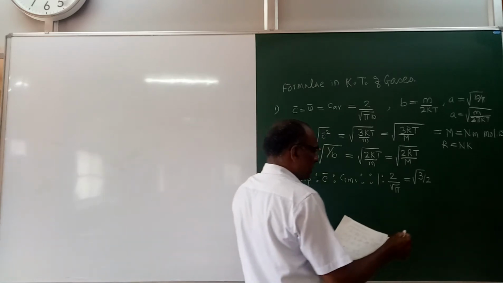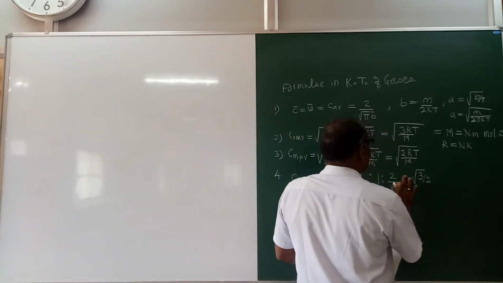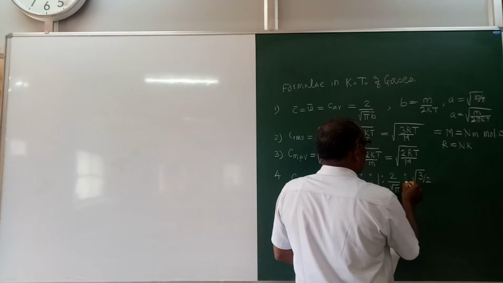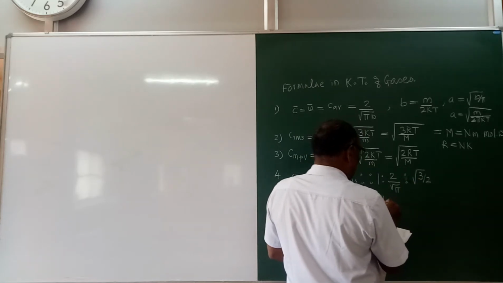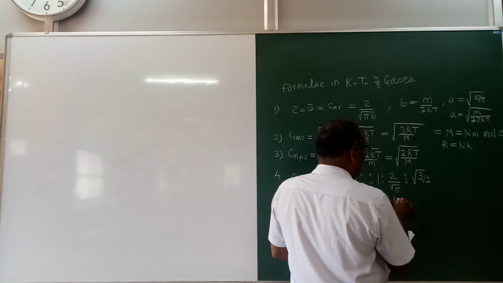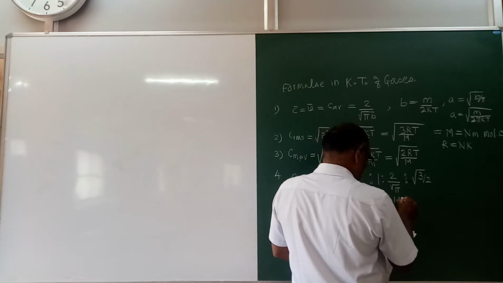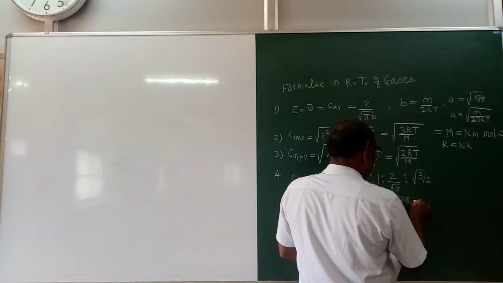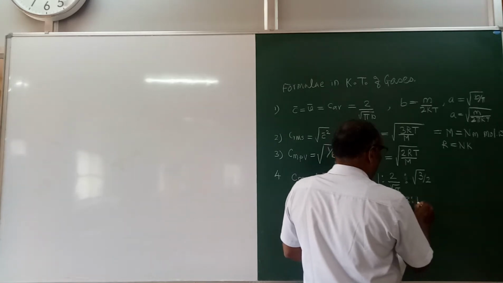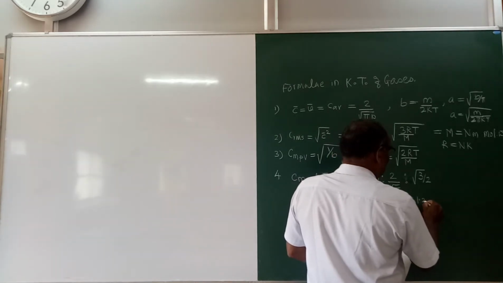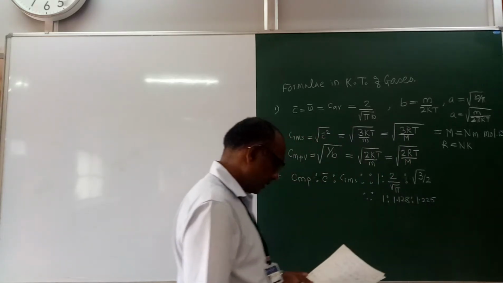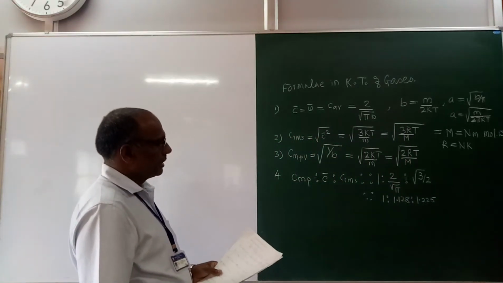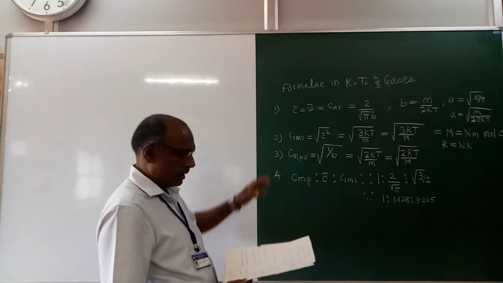So this can be written as 1 is to 1.128 is to 1.225. So these are the certain formulas.